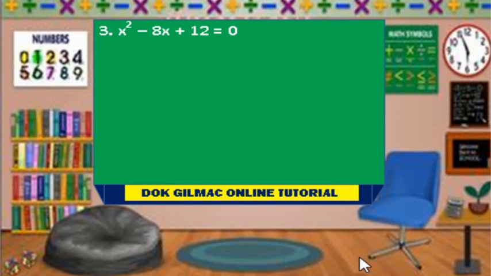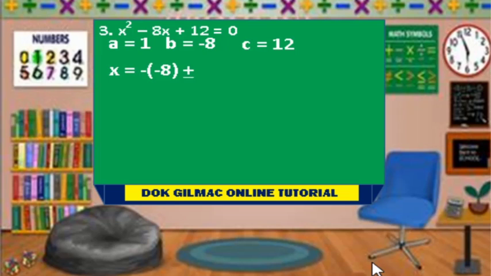Consider example number 3. x squared minus 8x plus 12 is equal to 0. We use the quadratic formula to solve the given quadratic equation. a is equal to 1, b is equal to negative 8, c is equal to 12.